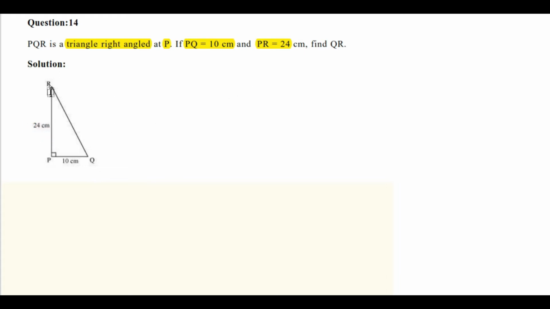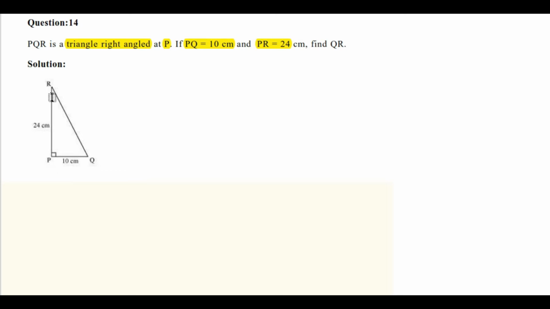Now we need to calculate QR. In the beginning of the chapter I told you this line, which is also an altitude, called height, and this is also an altitude, but here it is known as base. Why? It is the bottom of the figure and this is the height of the figure.